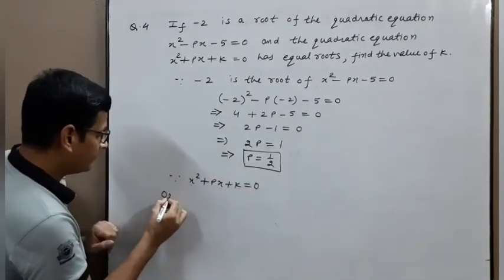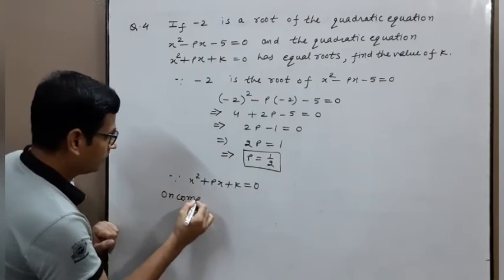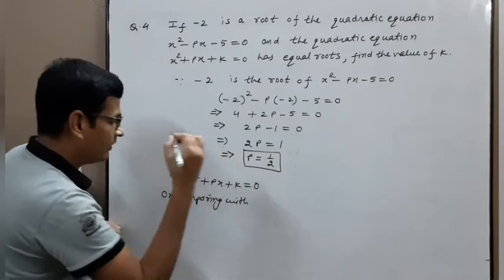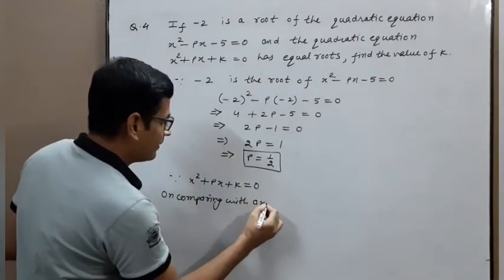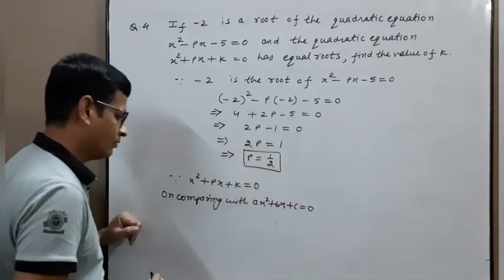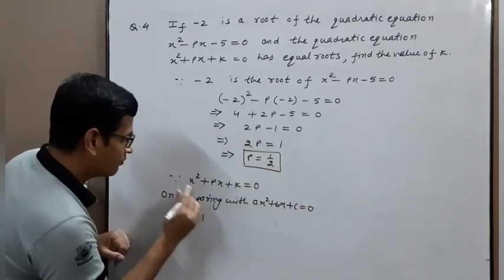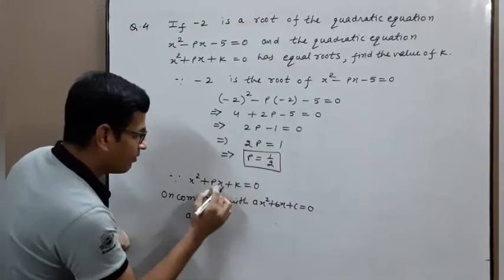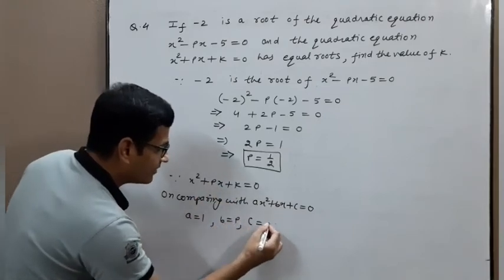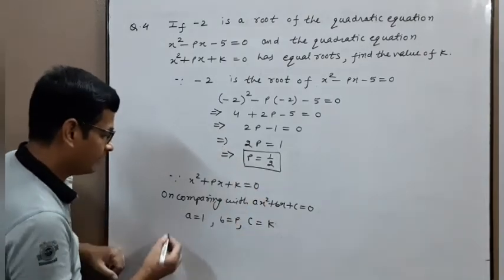On comparing with ax square plus bx plus c equal to 0, a is equal to 1, b means the coefficient of x is equal to p, and c equal to the constant term k.